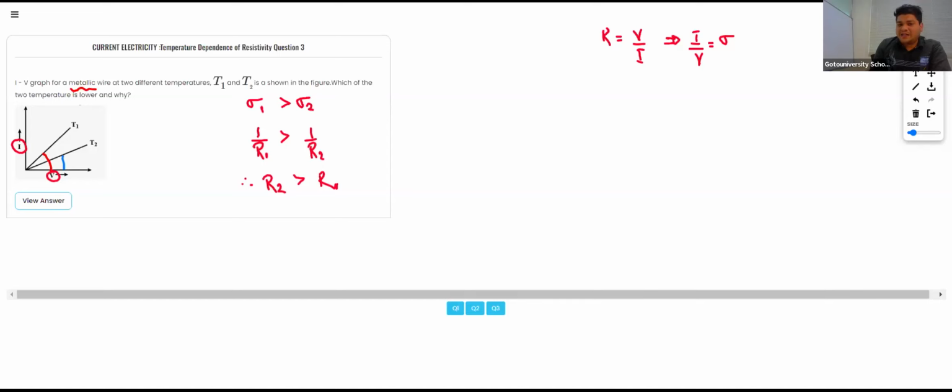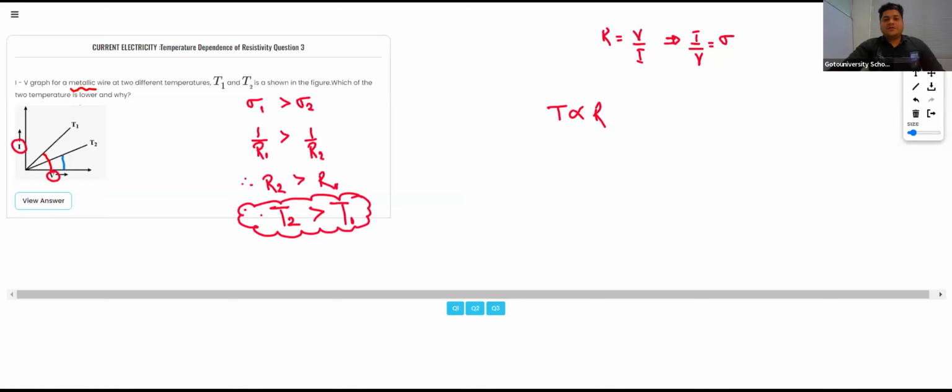We know that in the case of metal, temperature is directly proportional to resistance. So if R2 is greater, T2 will be greater than T1. The right answer goes to Mr. Akhil.